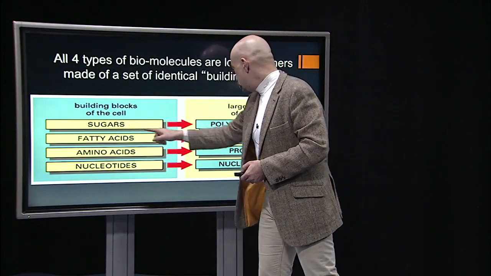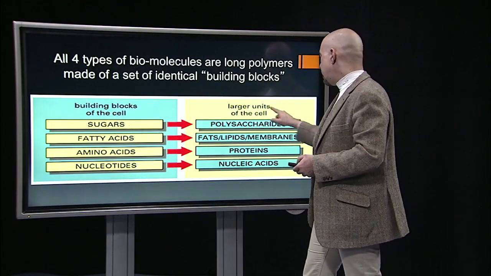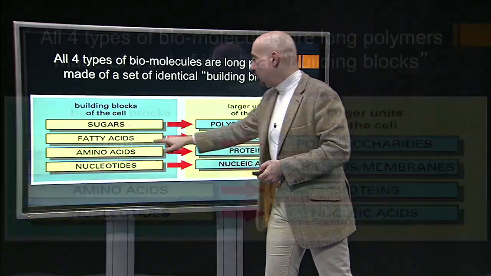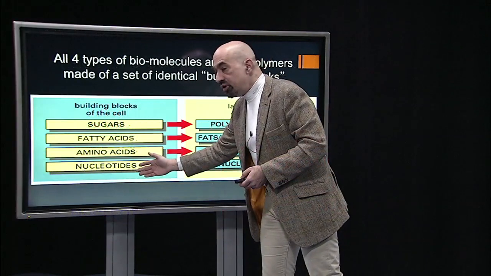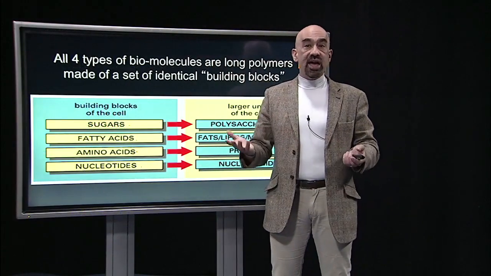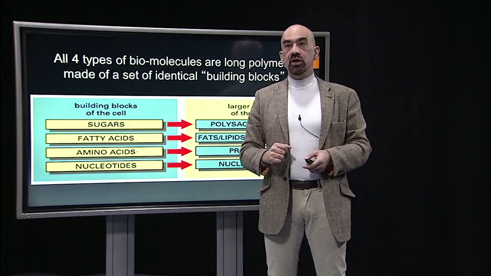We combine sugars to make our carbohydrates, our polysaccharides, fatty acids to make our lipids and membranes, amino acids to make proteins, nucleotides to make nucleic acids. These basic building blocks are made up of a handful, 10, say, atoms.